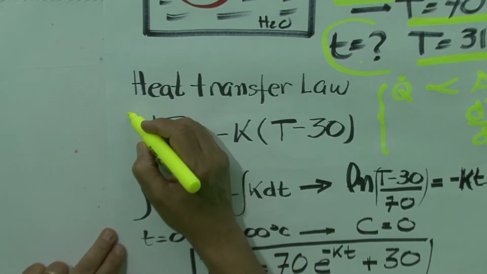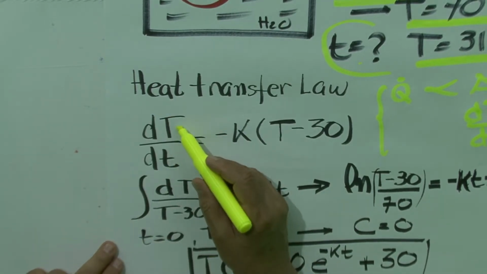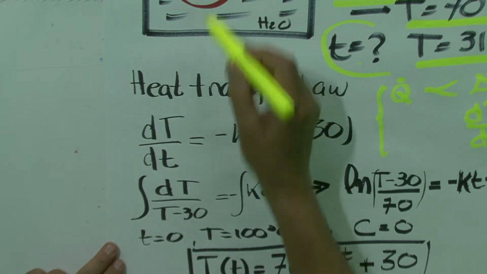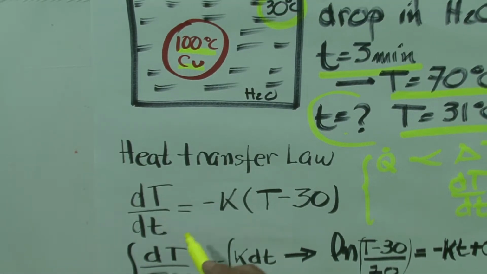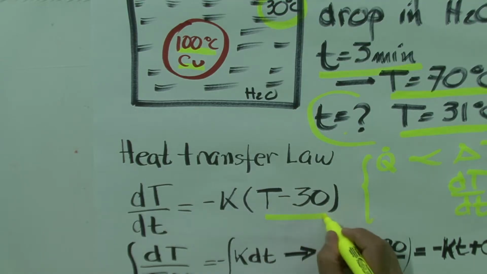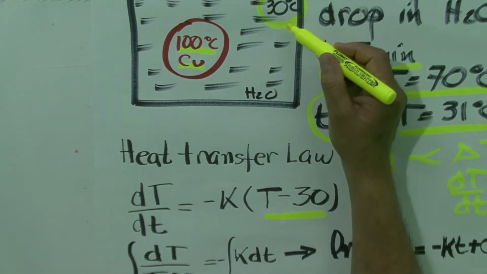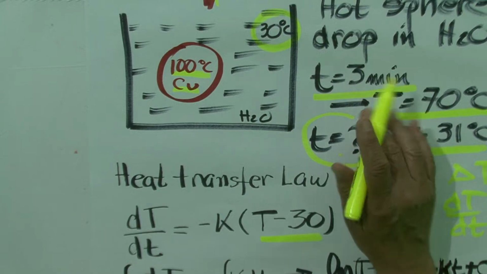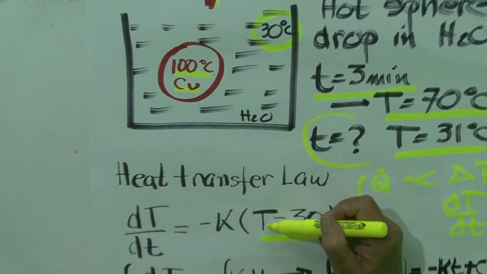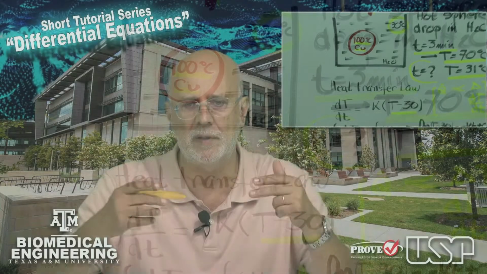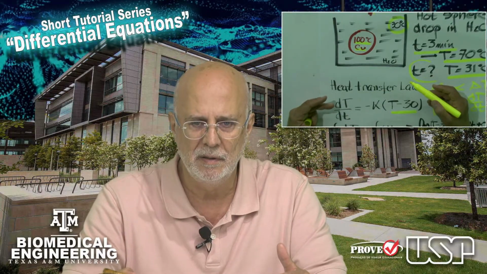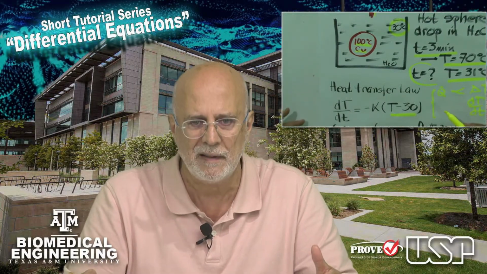So we can build up an equation where the time derivative of the temperature of the sphere at any moment has to be proportional to the difference between the temperature of the bath, the water, and the temperature of the sphere at that moment. So T minus 30. T is changing with time, of course. This equation is saying that.